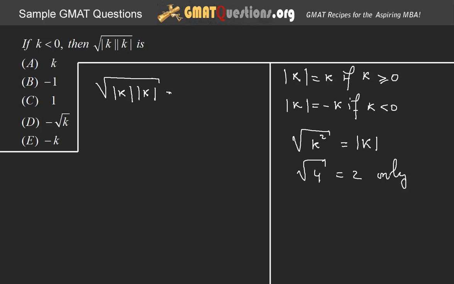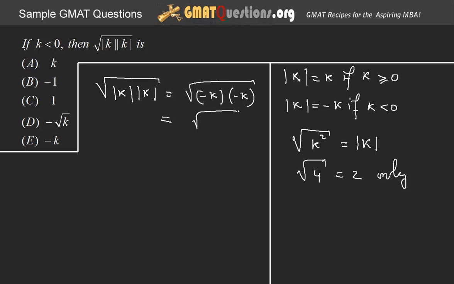Because of this definition we established, we have k negative. So this should be equal to negative k times negative k. Again, because k is negative, the absolute value of k in that particular case is negative k. Negative k times negative k is just k squared.